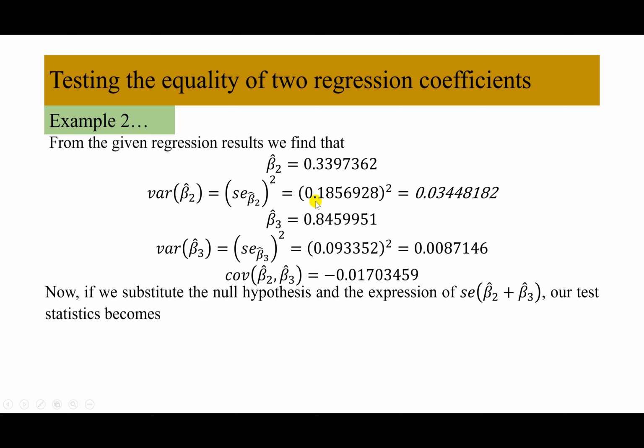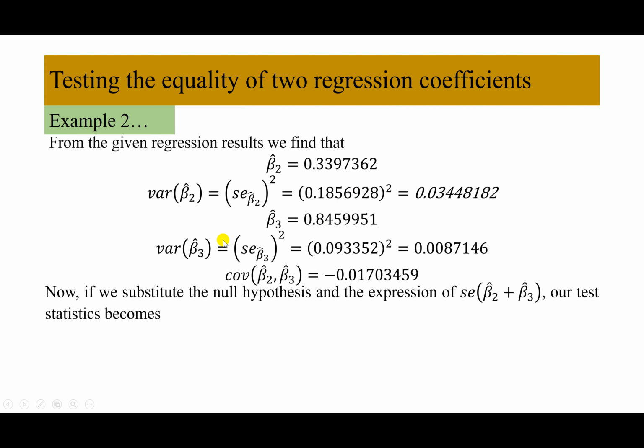The standard error of beta hat 2 was 0.1856928, and if we square this number we get the variance. From the estimated model, beta hat 3 is equal to 0.8459951, the variance of beta hat 3 is given by 0.0087146, and the covariance between beta hat 2 and beta hat 3 is equal to this.